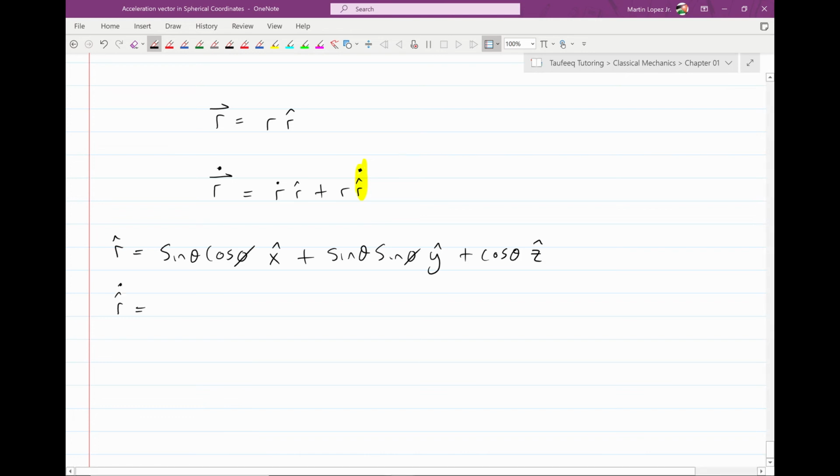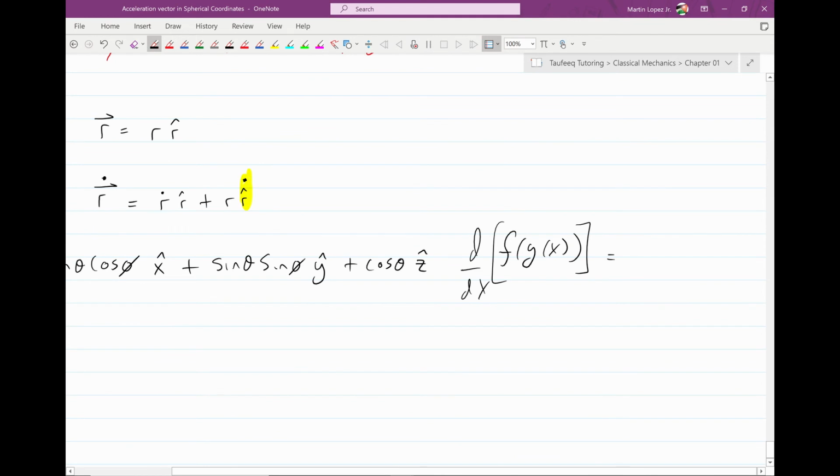Alright, so what is this? What is r hat dot? Okay, well, let me just put this over here just so that we have it for reference. So the derivative function d by du, or let's say you have some function which is also a function of x, right, like this, and you want to take the derivative with respect to x, so it's kind of like hidden in there.